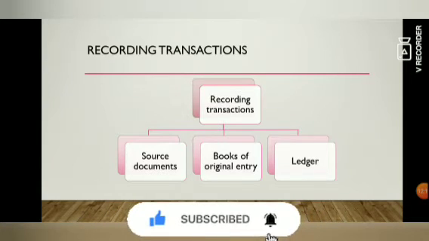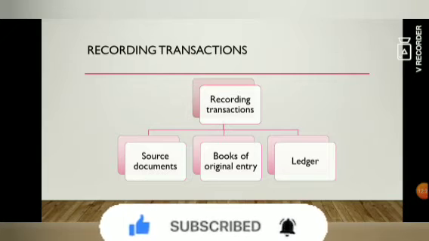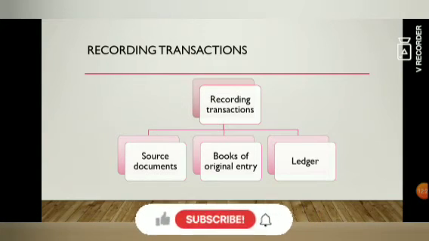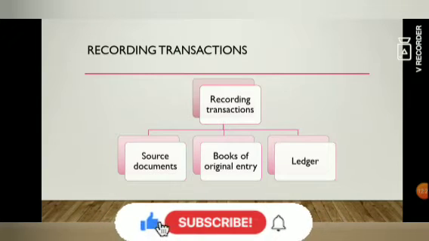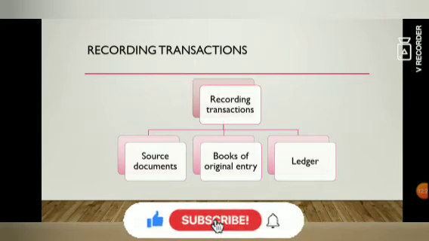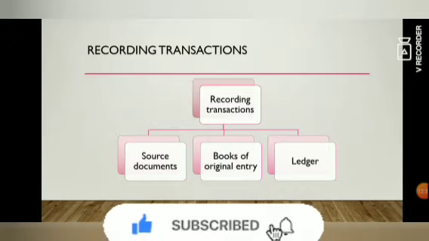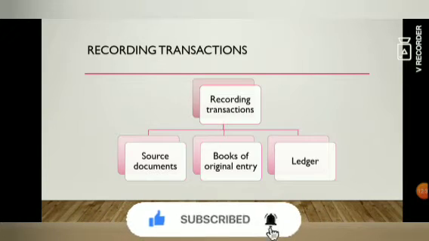And communication needs to be done very fast in a business. Even a single minute wasted can land in a wrong decision, and that can lead your business to fail. So knowing how to record these transactions is very important.